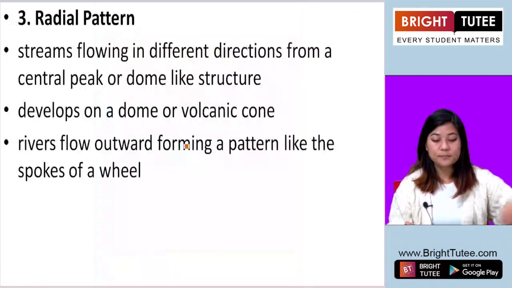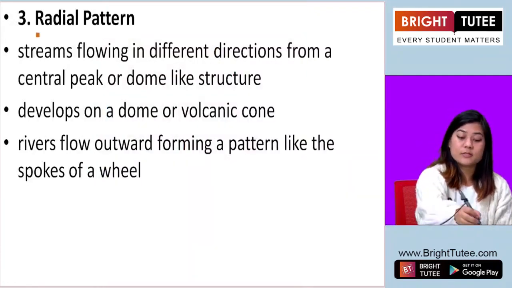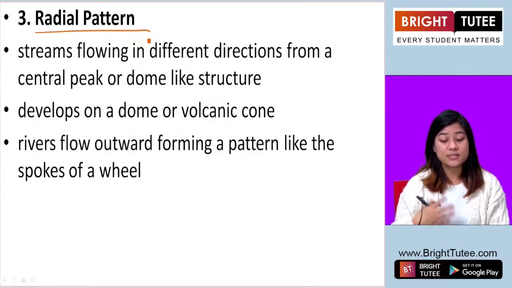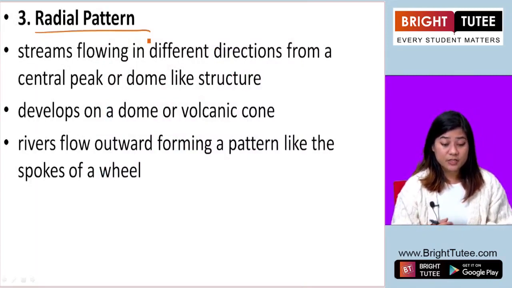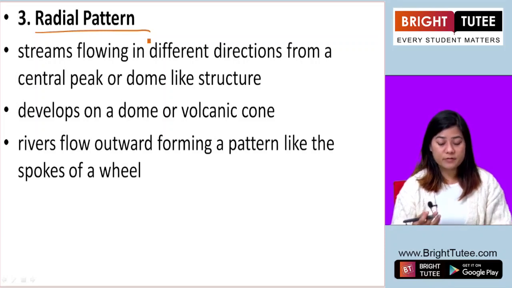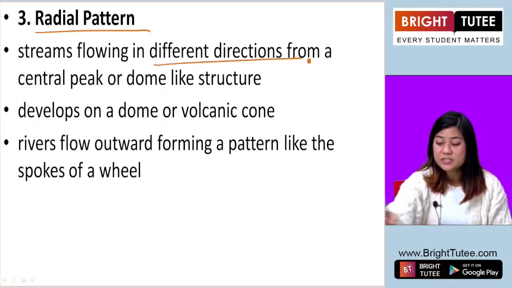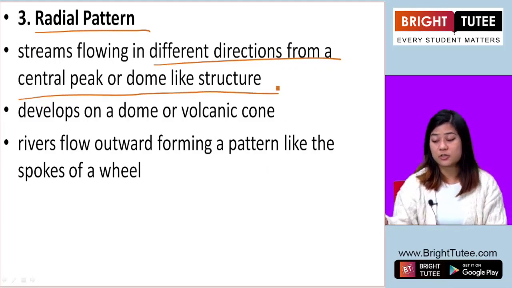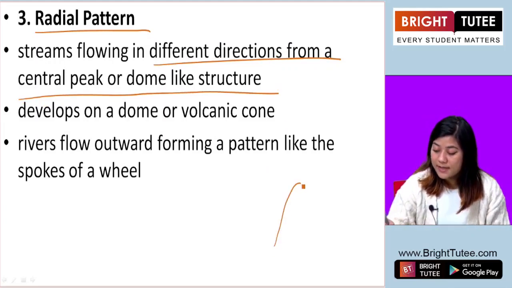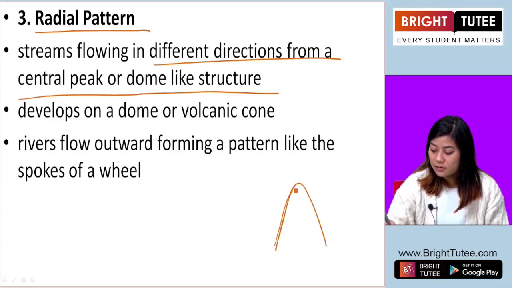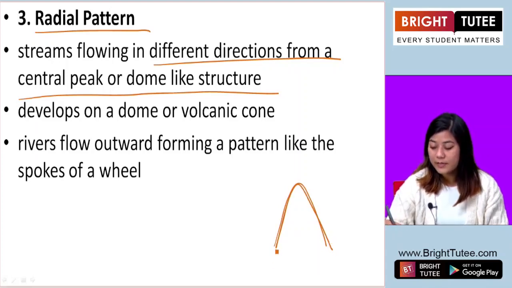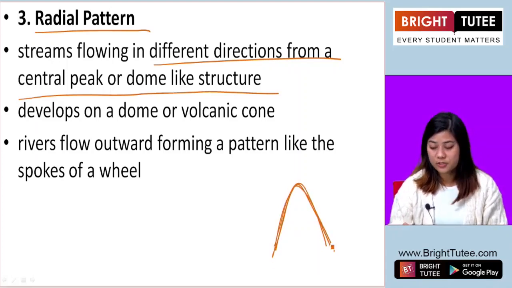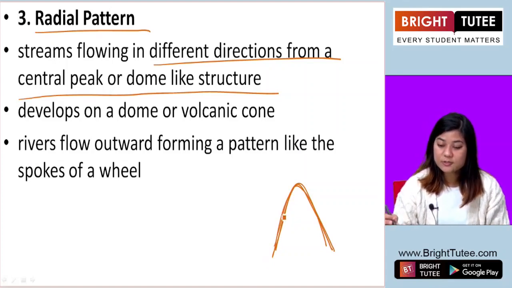All right. The third one is called the radial pattern. Now this is another pattern. Now here the streams or the rivers flow in different directions from a central peak or dome-like structure. So imagine there's a peak, okay, or a dome structure. Now from here the streams flow in different directions.